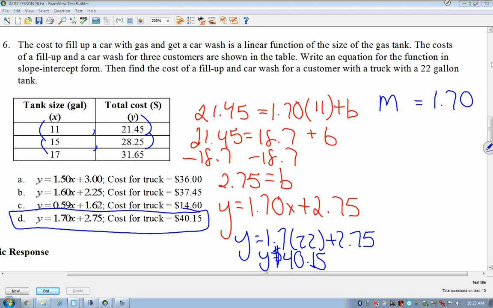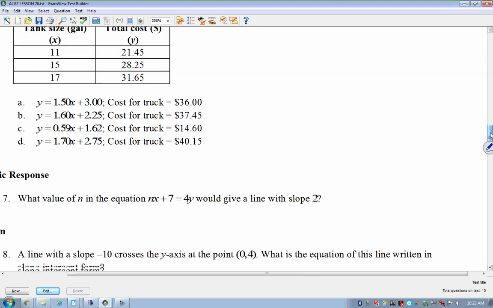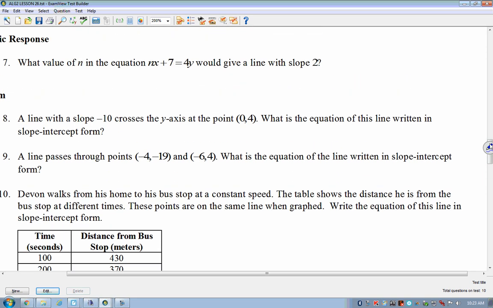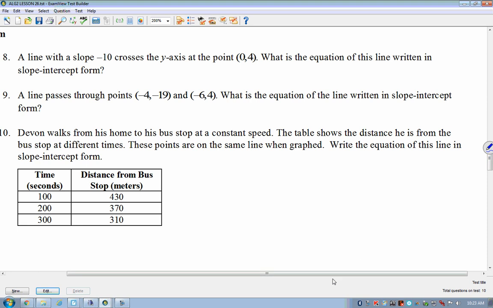You're using two coordinates to find slope, and then using slope and one coordinate to find the equation of the line. If we feel like we're in pretty good shape, then we'll end right there. I think we've done most types. Question number 10 is really, really similar to the one that we just did. All right, so let me give you guys time to work.